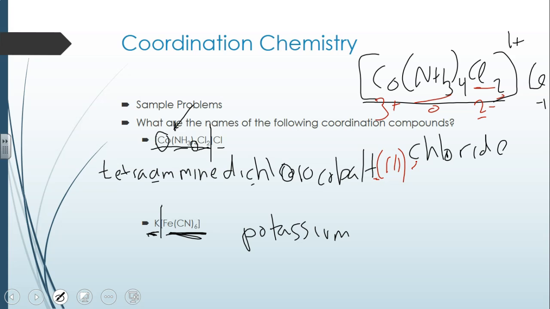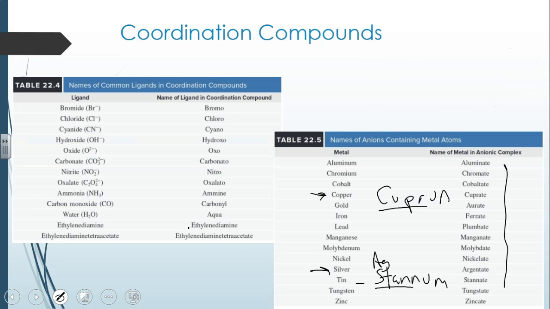Okay, so the second one here is potassium something or other. Again, we were able to split this here, and now we look at this thing. Again, we name the ligands first. So CN, I'm going to even go back and look. CN is cyano.